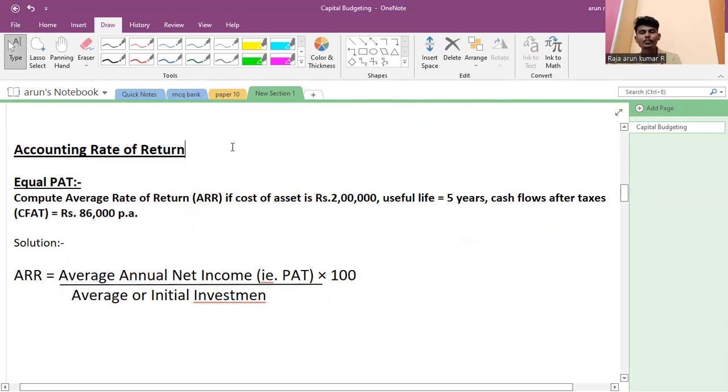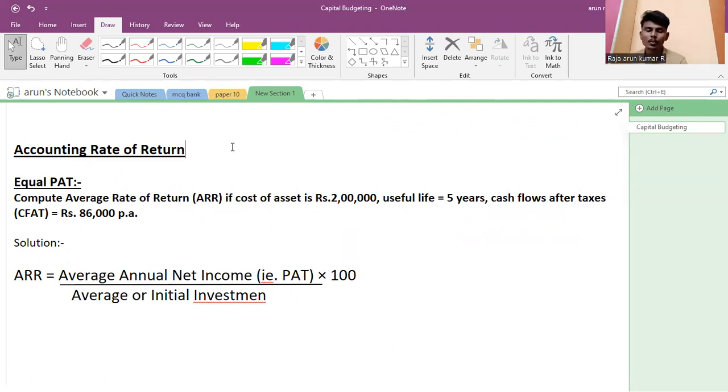Okay, the next concept is accounting rate of return. What is accounting rate of return? As I said before, we find out how much percentage of profit we get in a particular period. Here we start with the equal method.